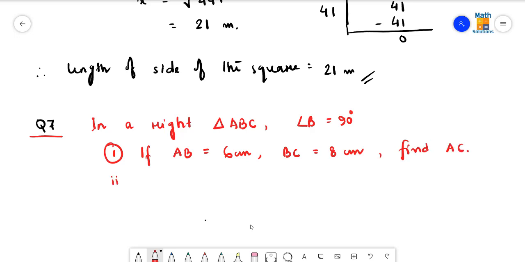The second question under this is: if AC is equal to 13 cm, BC is equal to 5 cm, then find AB.